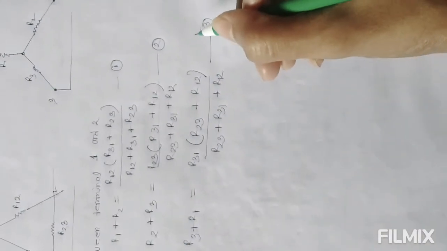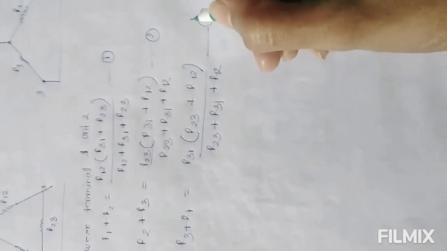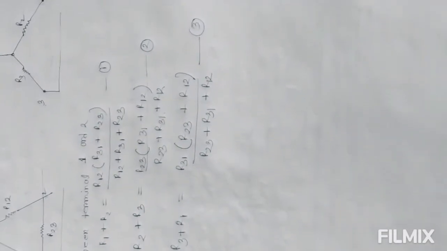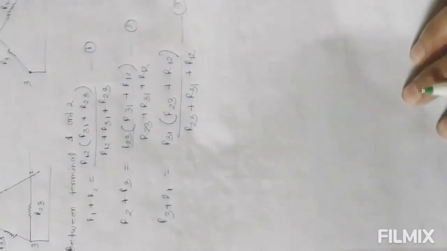Now subtracting equation number 2 from equation number 1, this from this.